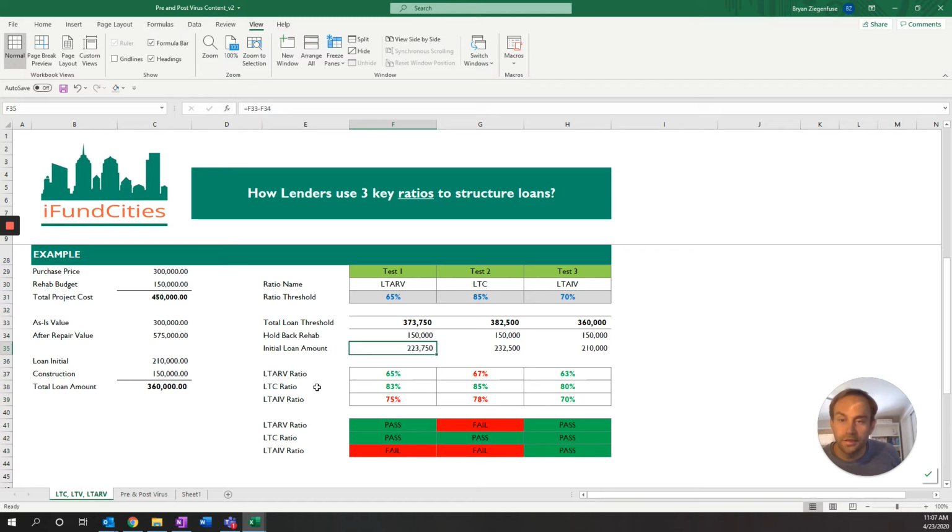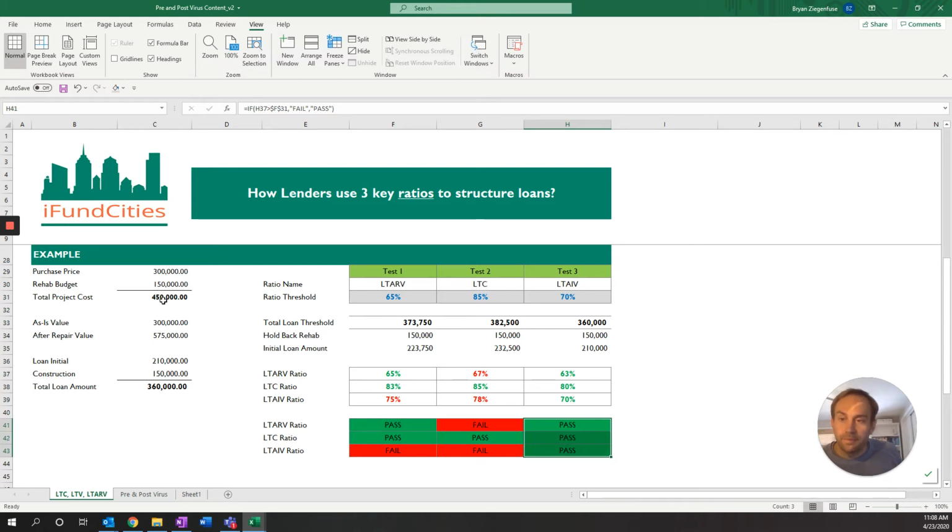What I did down here at the bottom is determine where we're passing and failing different thresholds, so that whichever has the minimum, or where all three pass, is how the loan would be structured. So it's the minimum, or think of it as where they pass all three thresholds.